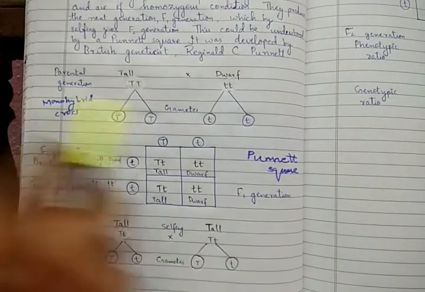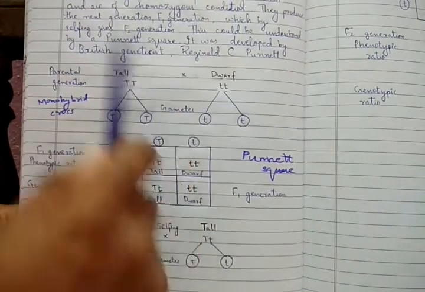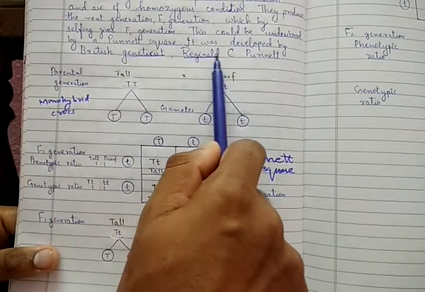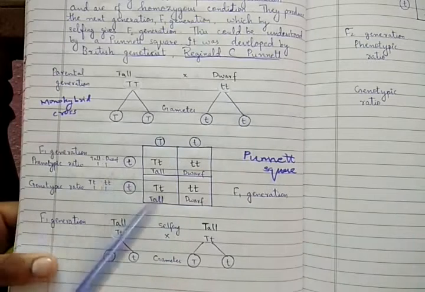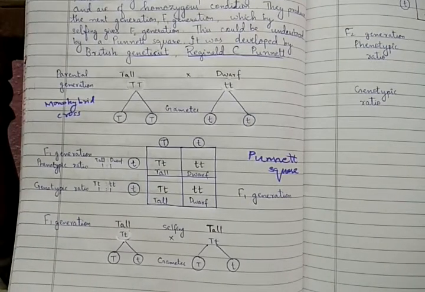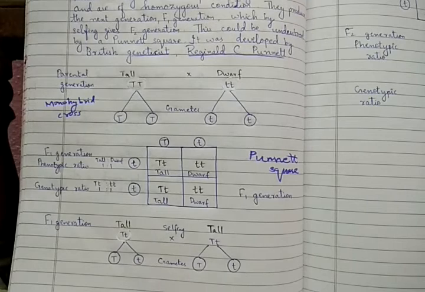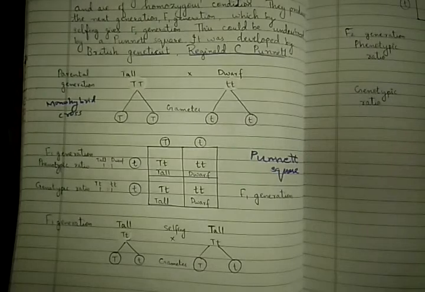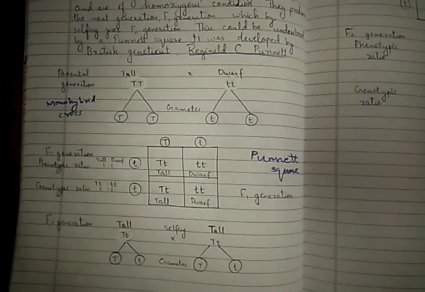It was found by the British geneticist Reginald C. Punnett. He was the one who introduced this method of finding the mathematical probability of how we can calculate the F1 or even the F2 generation.